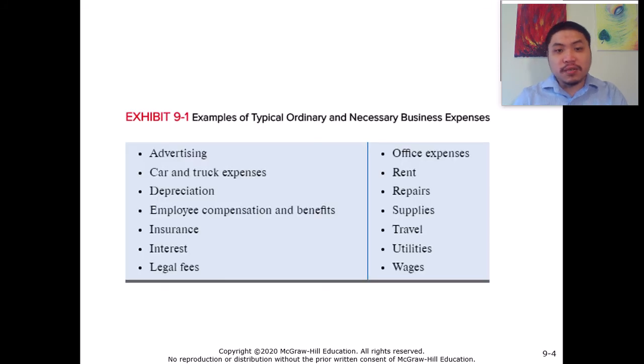As a business, you're not going to face a lawsuit very often, right? Maybe once every three years someone can sue you, and then you have to incur some legal fees, court fees and a fee to pay the lawyers, right? So even though the legal fees are not repetitive, it is still necessary for you to incur those expenses, right? Because without that, you may lose the lawsuit and then you may go out of business, right?